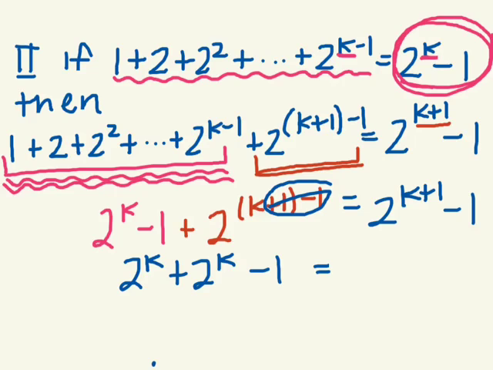Now here's where you have to be good with your exponent rules. Here with 2 to the k plus 2 to the k, we have 2 of those. So we can write that as 2 times 2 to the k.